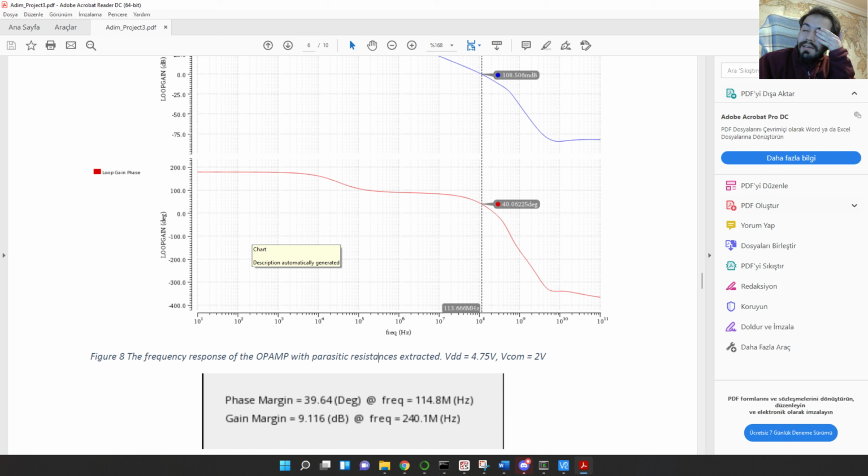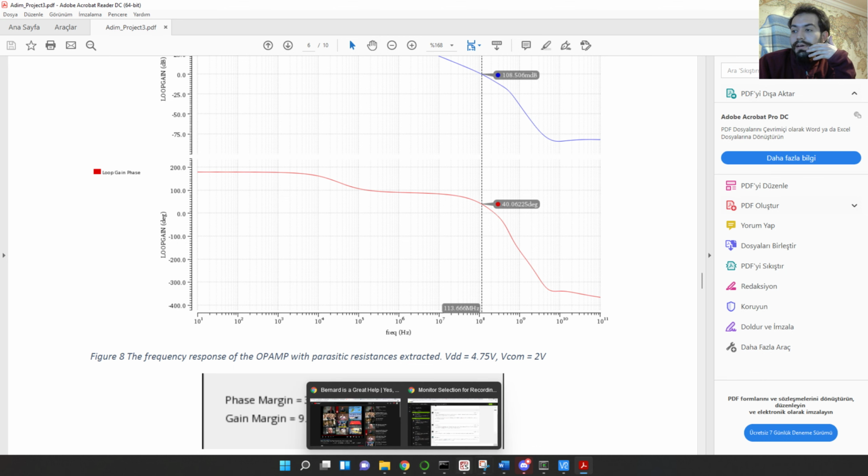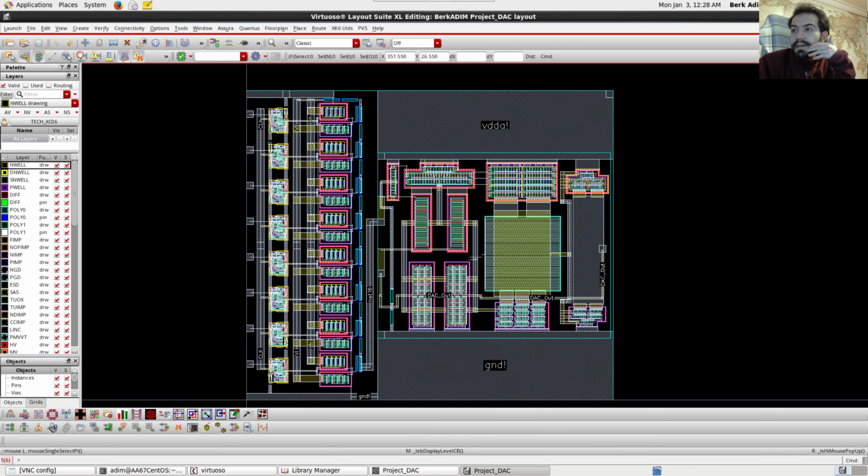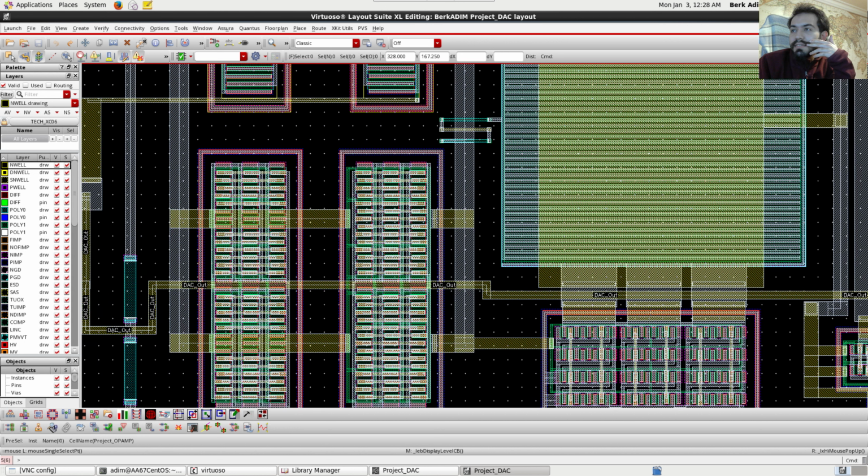Well, actually, I have a theory about the gain and stability loss here, but I did not have enough time to test it. I think it is due to some resistance between the Miller compensation circuit here and the input transistor here, the second stage input transistor.